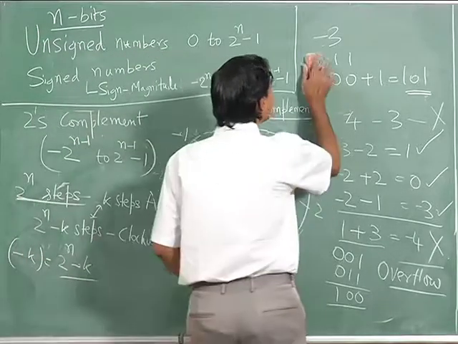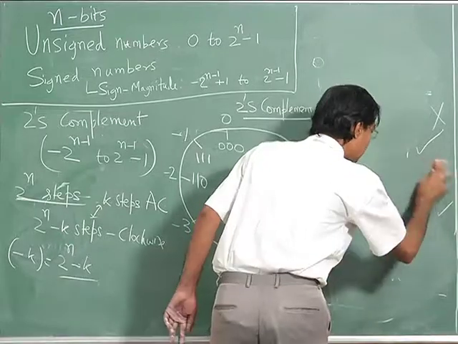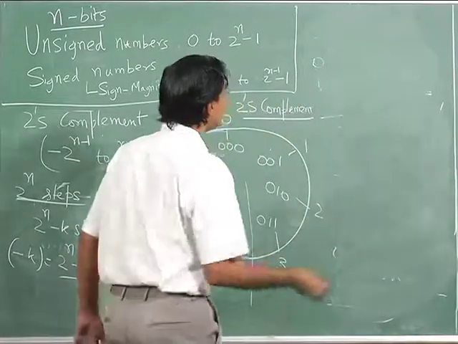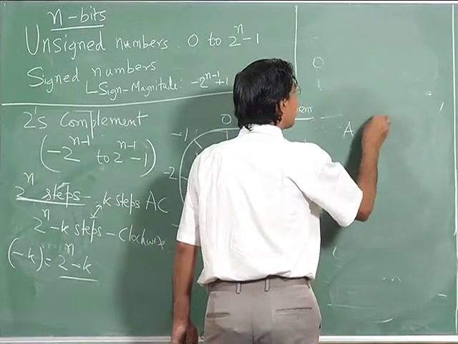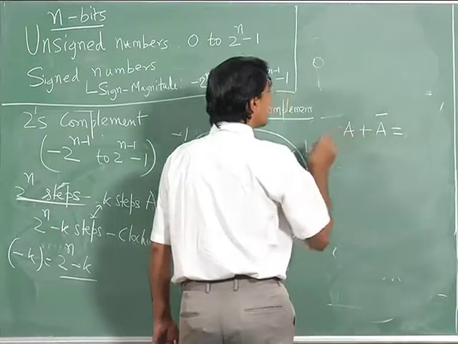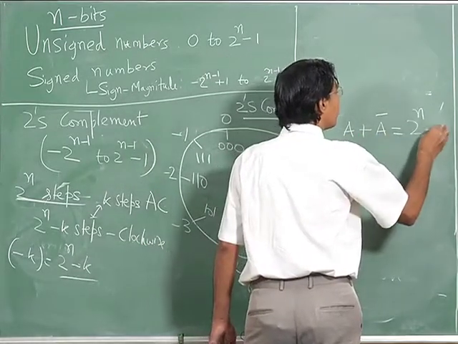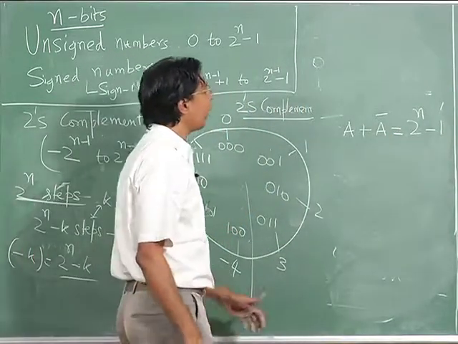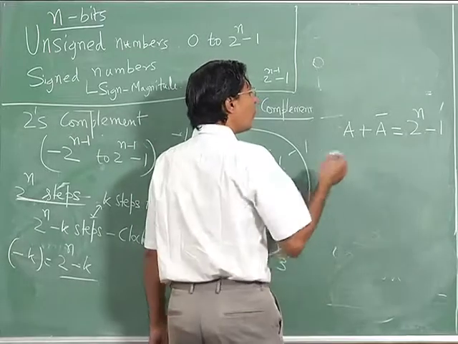Okay. So why does this work? Please understand that if I take a number and complement it and add them, suppose A is an n bit number, A plus A complement is 2 power n minus 1.